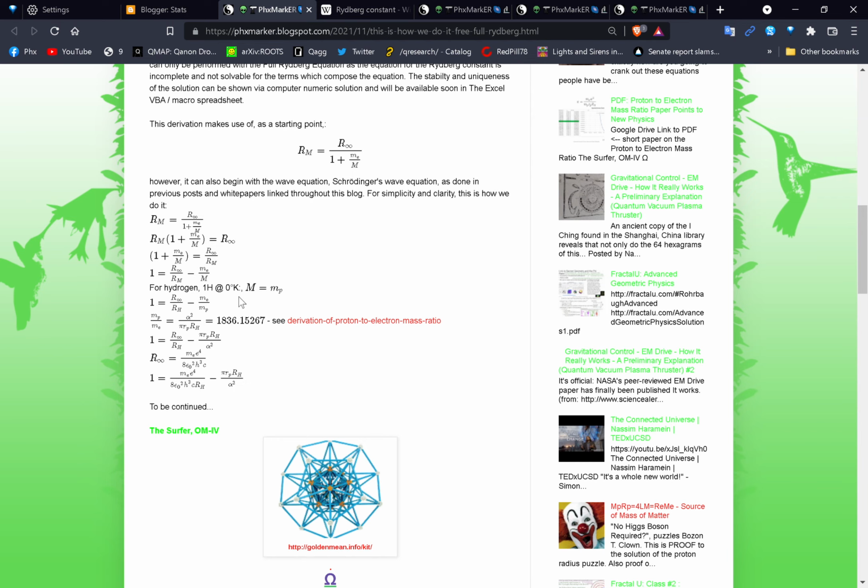A single hydrogen. I use 0K because we don't want to have any photonic energy in there, because we're working to derive simply the constants of physics based upon the Schrodinger wave equation. That's where this stuff comes from.